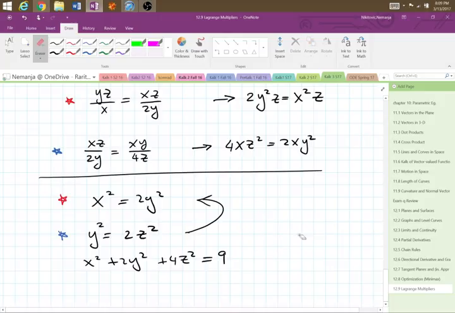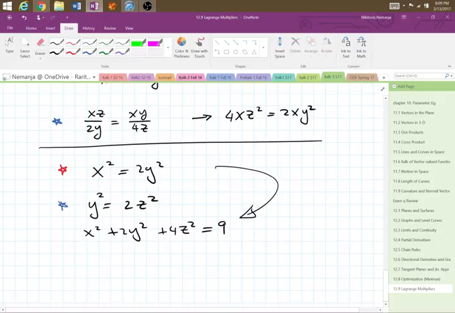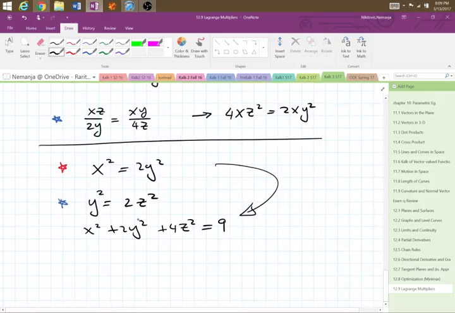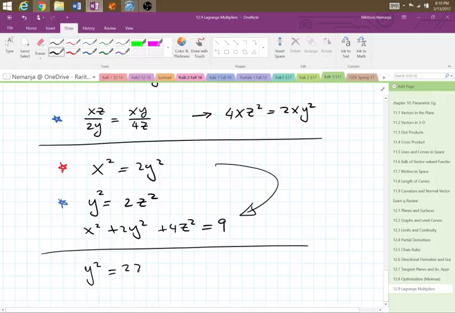Nice. Well, actually, so this one plugs in first. It will be in terms of y, and then in the next stage, we still have y squared equals 2z squared.